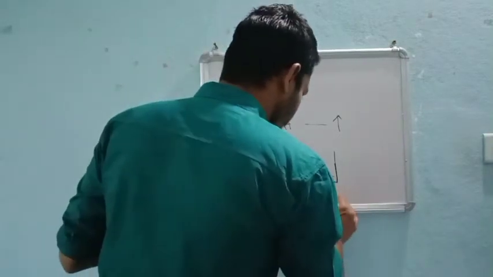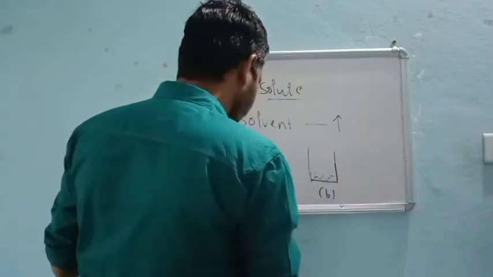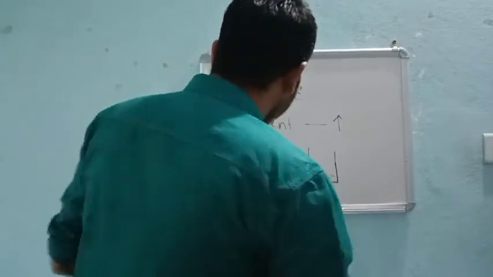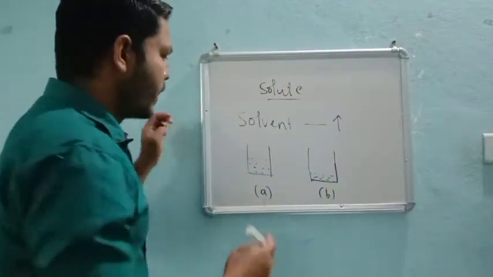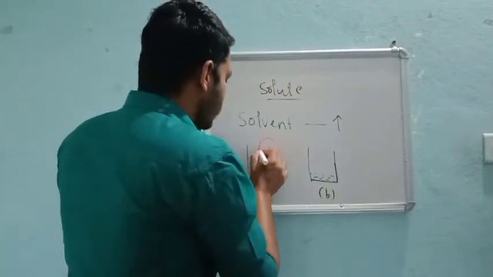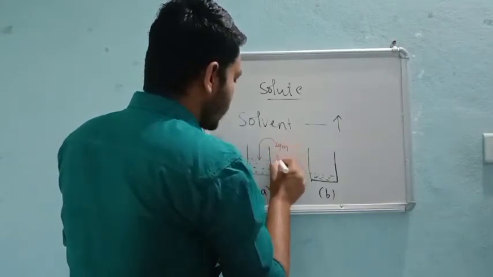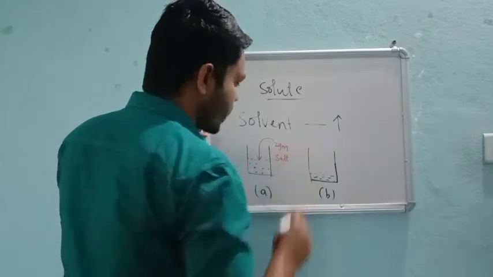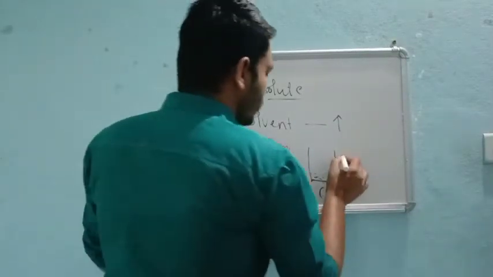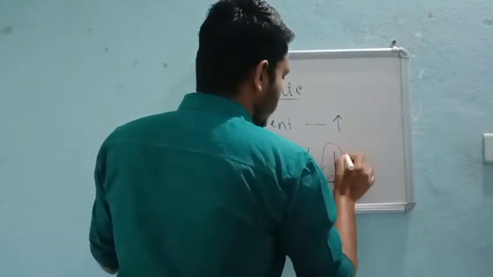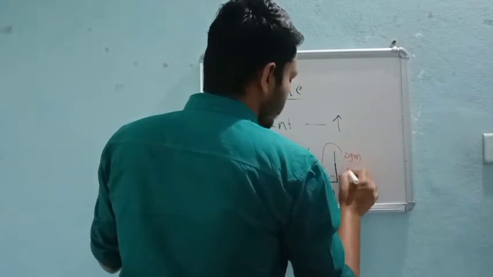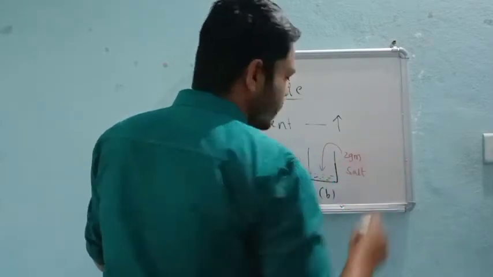Consider this as B and this as A. Now see, here I will add 2 gram of salt or sugar, whatever you can say, and here also I will add 2 gram of salt. So the salt concentration is the same.